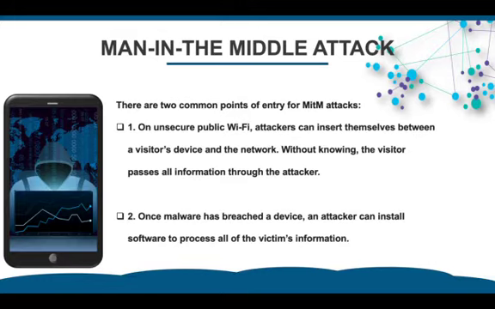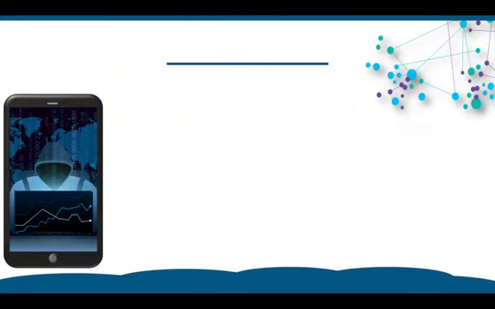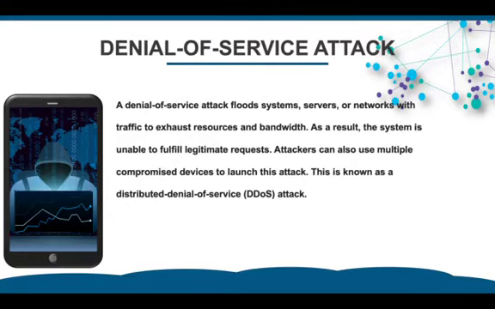And then once malware has breached a device, an attacker can install software to process all of the victim's information. Okay, and then we have the denial of service attack. The denial of service attack floods systems, servers, and networks with traffic to exhaust resources and bandwidth. As a result, the system is unable to fulfill legitimate requests.